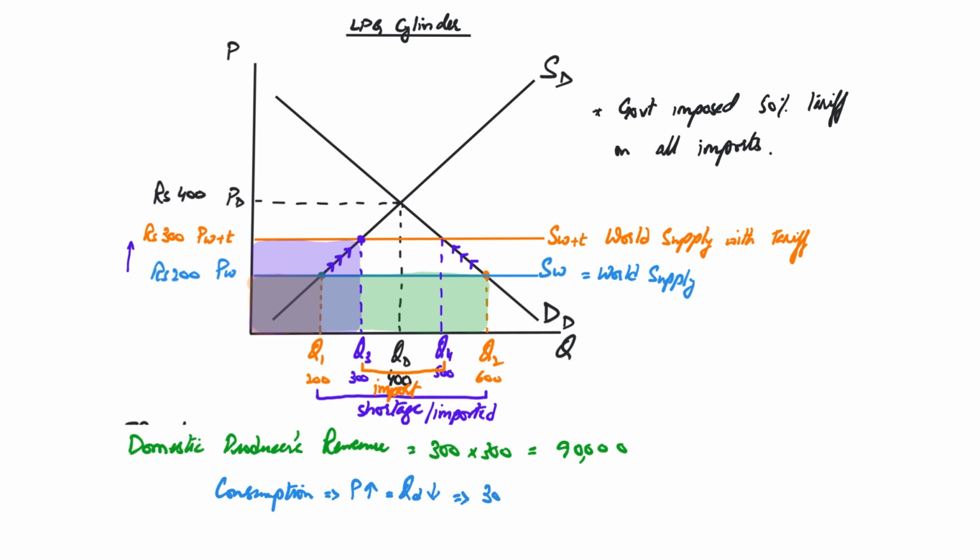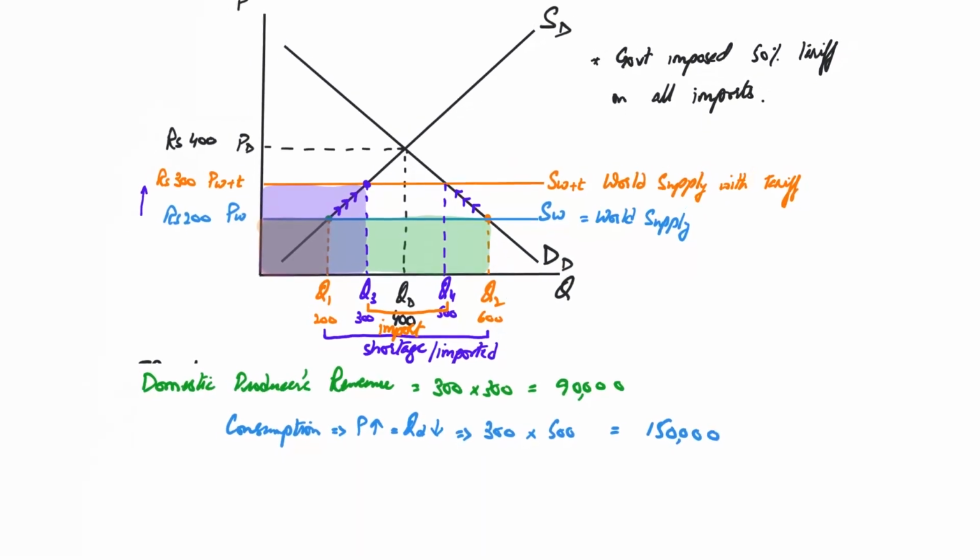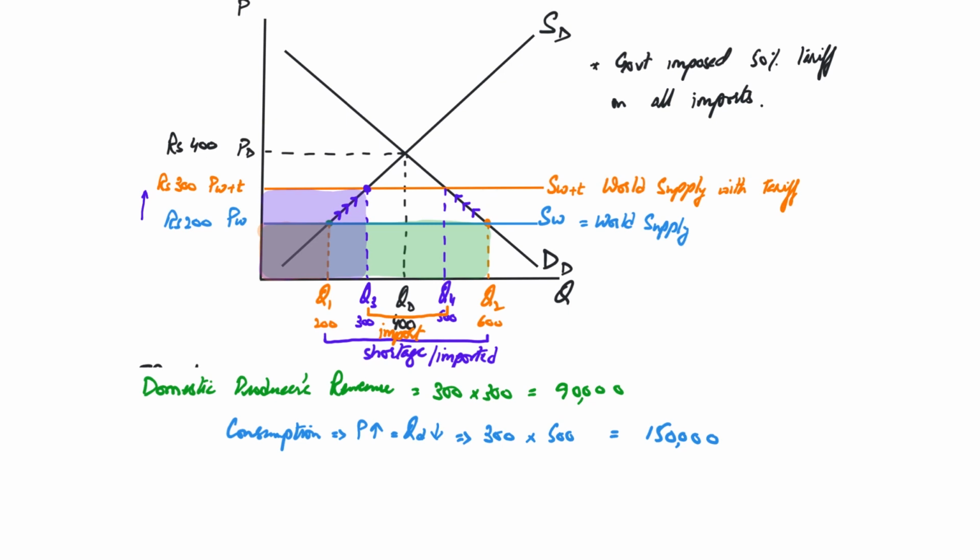So at about 300, the consumers are buying 500. So we have about 150,000 of spending by consumers, of which some goes to the importers. The importers will get the same 200 rupees. There won't be much difference for the importers.